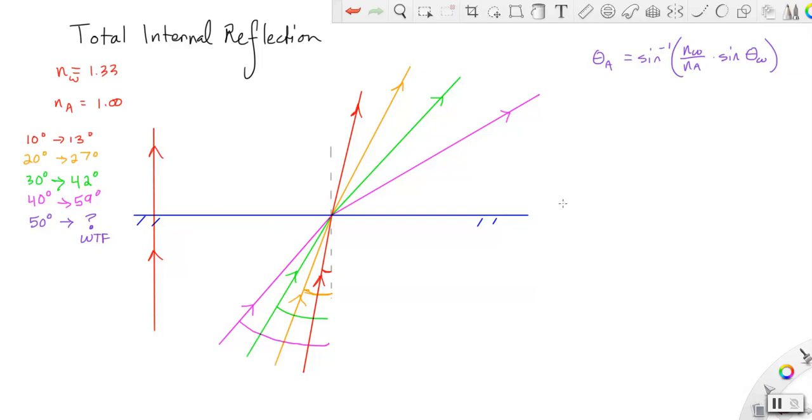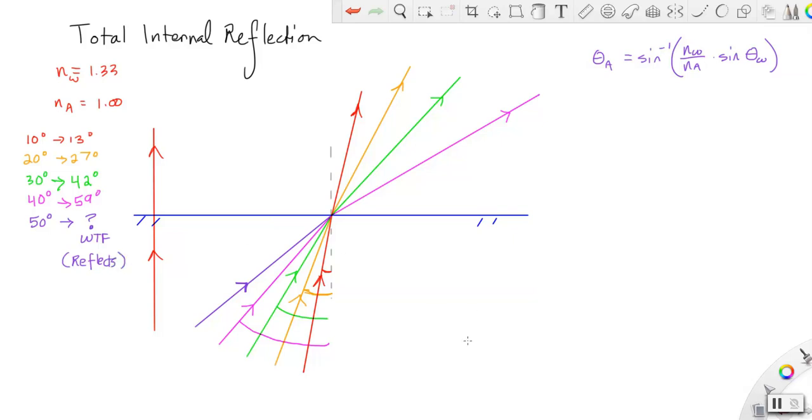Okay, so when that happens, no matter what your particular calculator says, this is what the actual feature is that's happening. We're coming in at an angle of 50 degrees with respect to the normal, which is 40 degrees with respect to the horizontal. And then what occurs here is it cannot actually exit the water, so it reflects.